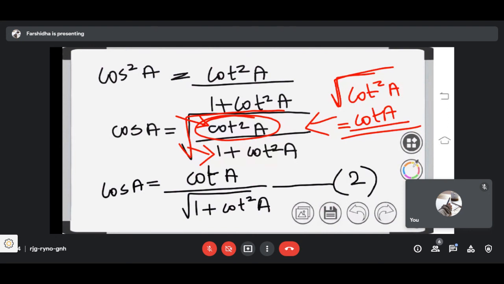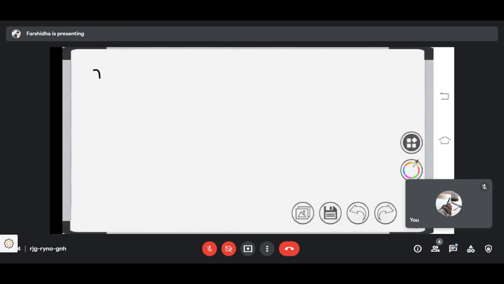We write it as equation number 2: cos A equal to cot A divided by root of 1 plus cot square A. Now we'll represent sec in terms of cot. Going to the next page. Sec A is the reciprocal of cos.